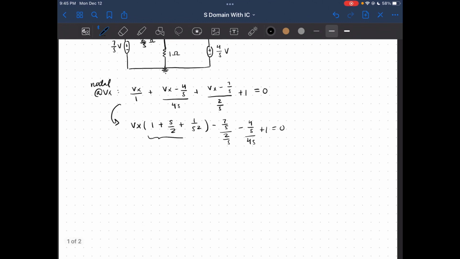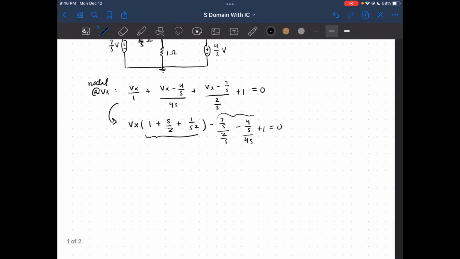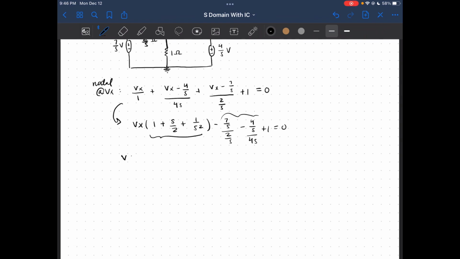Now that these are all factored onto V of x, we can move this part onto the right-hand side to have a nicer equation. So now we get V of x of 1 plus S over 2 plus 1 over S squared equals negative 1 plus 7 over 2 plus 1 over S squared.